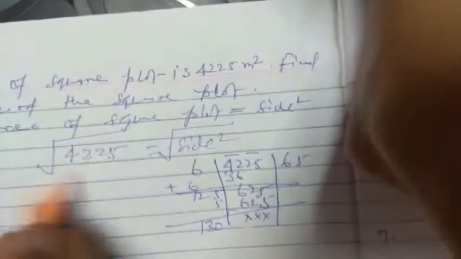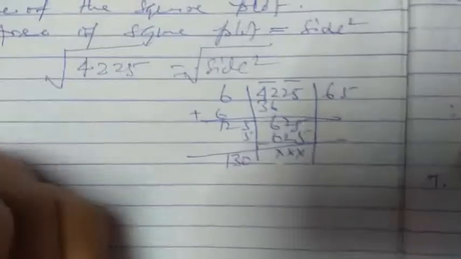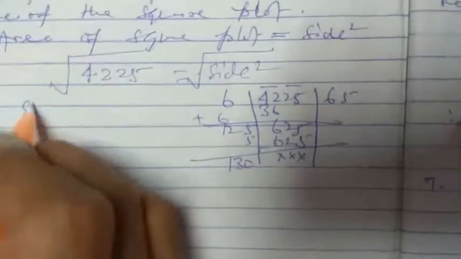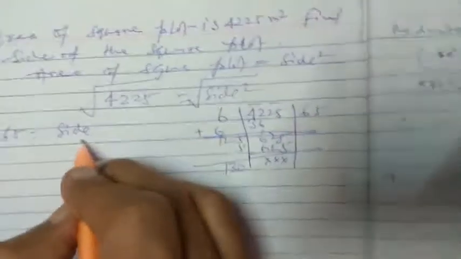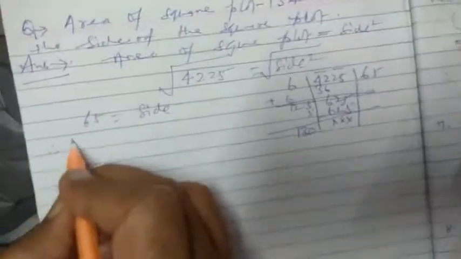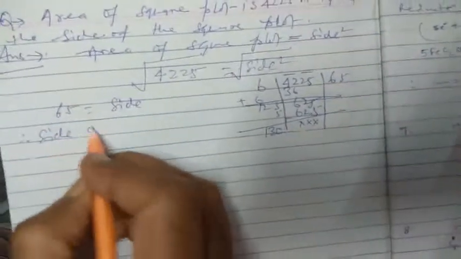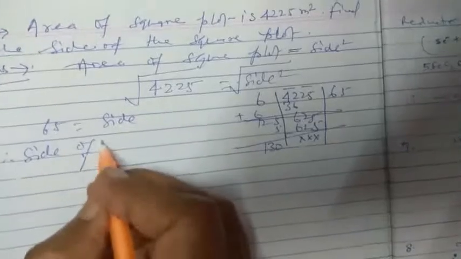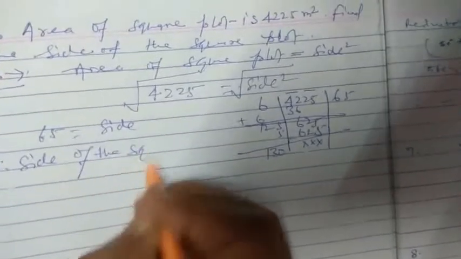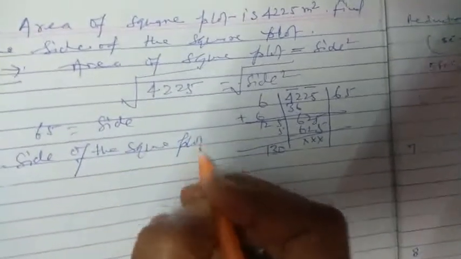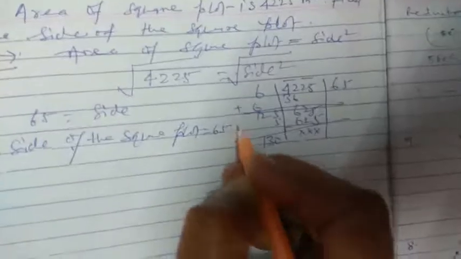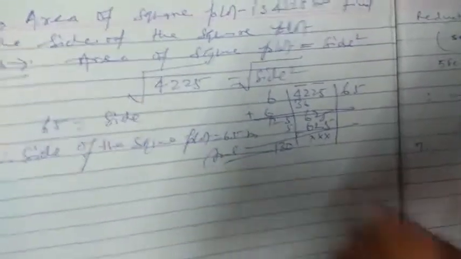So the square root of 4225 is 65, which is equal to side. Therefore, the side of the square plot is equal to 65 meter. Answer.